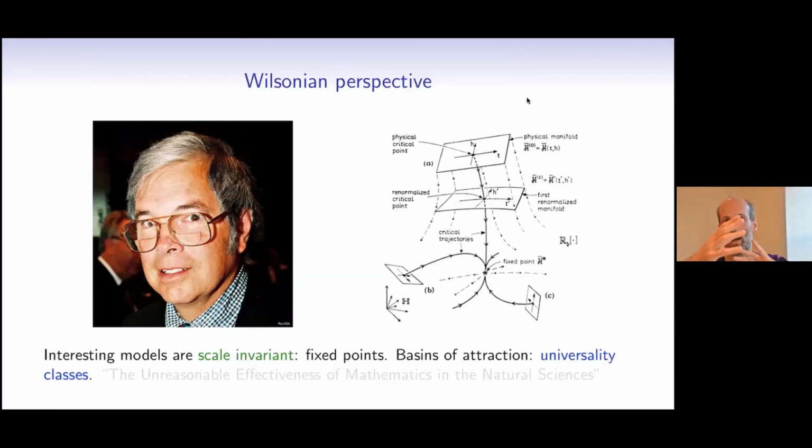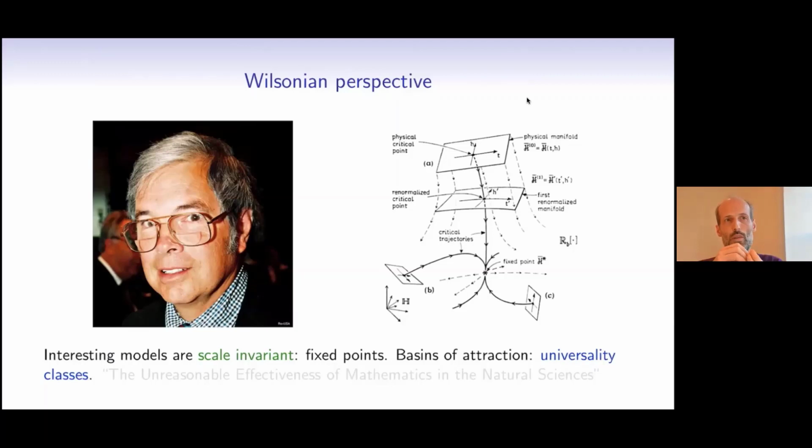You find that what looks like one theory at one scale might start to look like a different theory at other scales. So you have some kind of dynamical system in the space of all physical theories. If you have a dynamical system, the interesting points of your state space, which here would be the space of physical theories, are the fixed points of the dynamical system.